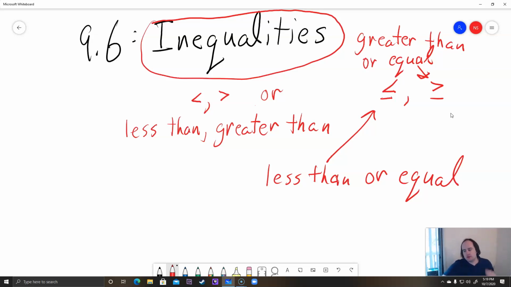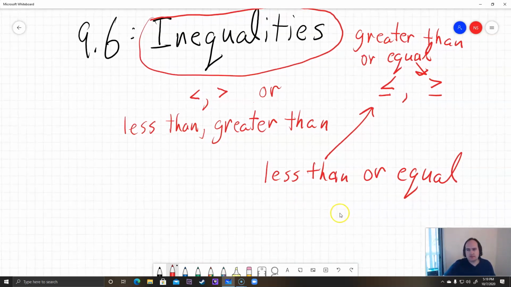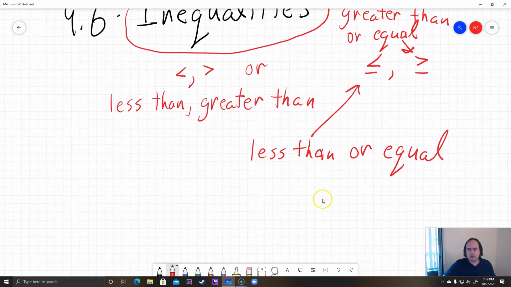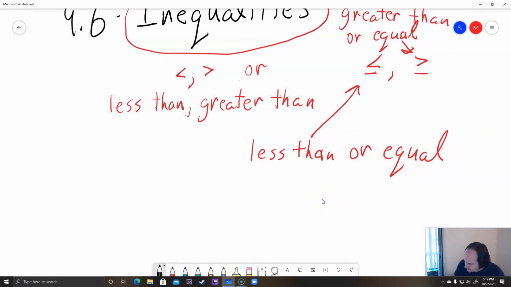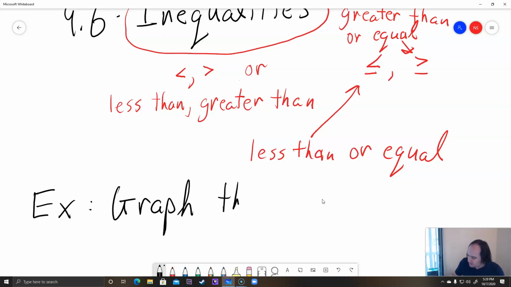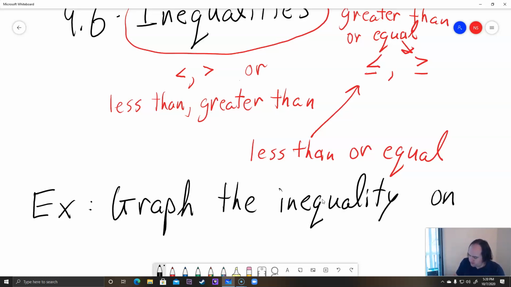And we're going to be learning how to use those symbols in conjunction with graphs and also what's called interval notation. Okay? And we're going to start with some basic ones. Okay, so example. Graph the inequality on the number line.